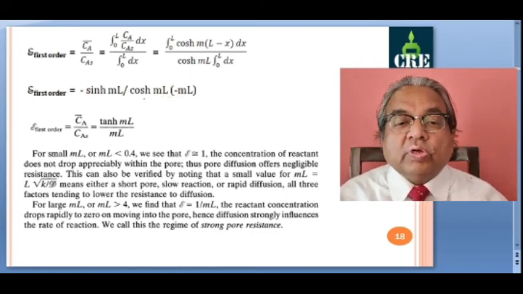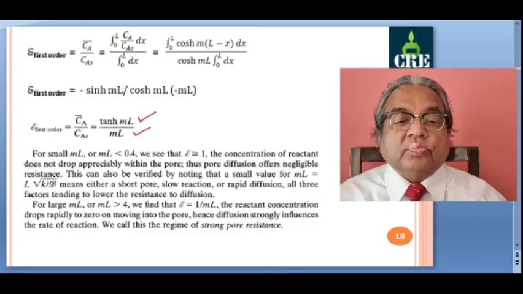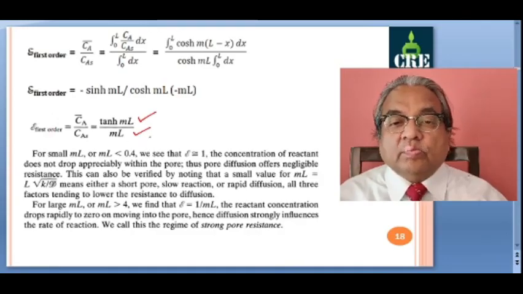So what we have is sinh mL by cosh mL, which is tanh mL, and this minus sign cancels with that minus sign, so divided by mL. So for the first order, the effectiveness factor Ca bar by Cas is tanh mL by mL.